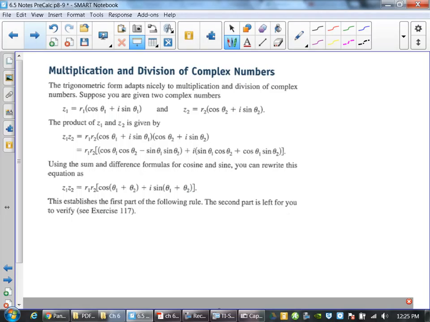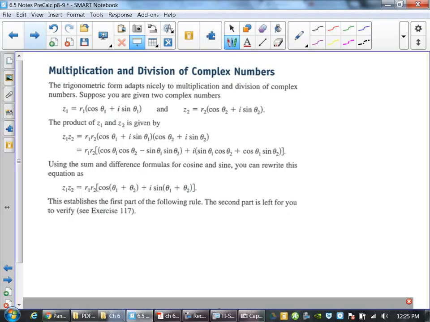Label them as z sub 1, r sub 1, cosine theta sub 1 plus I sine theta sub 1, and then z sub 2, some other trig form. There's a very simple formula to write out. It just looks bad.